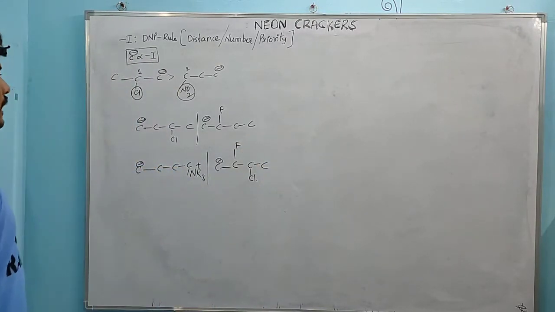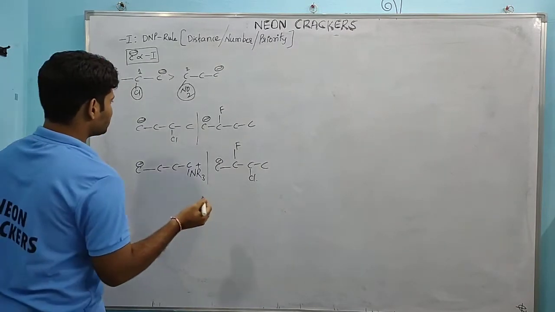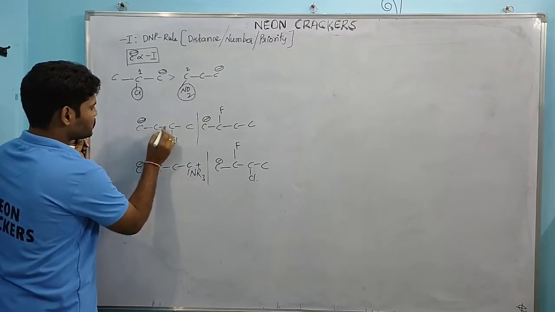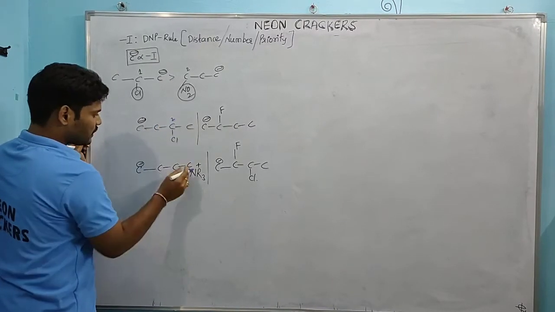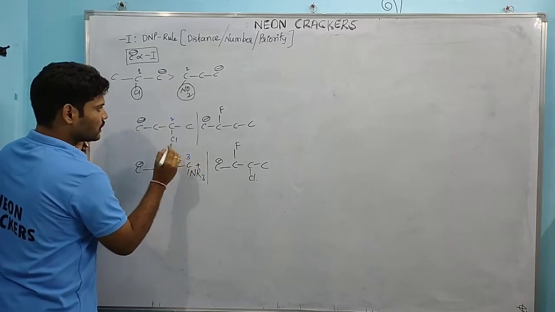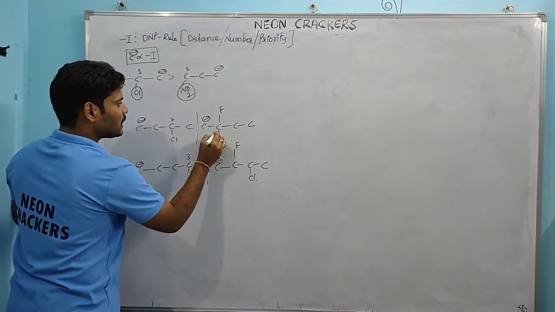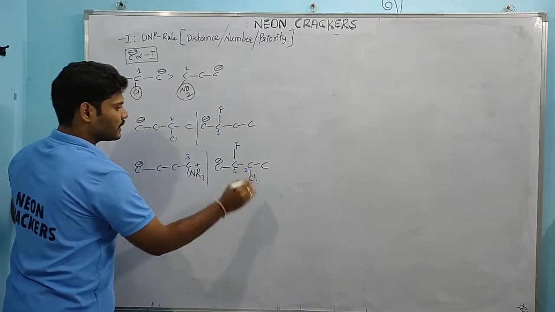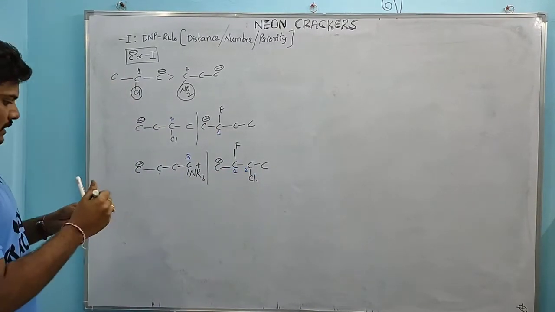Now find out the order of the stability. First factor is distance. This is which carbon? Second carbon. This one, third carbon. This one only first carbon. And this is having first as well as second.